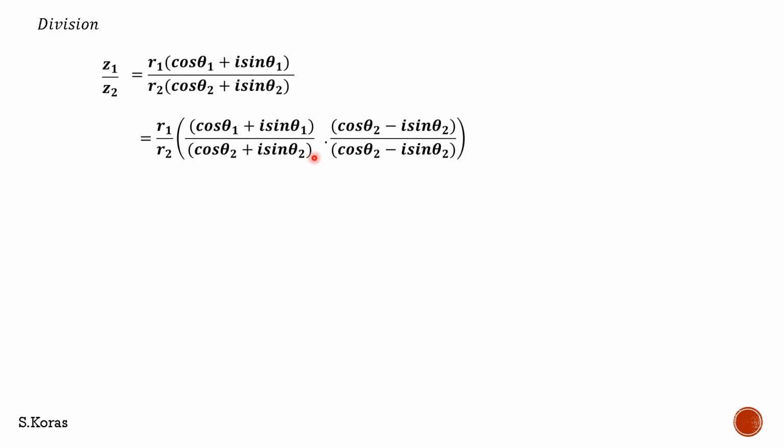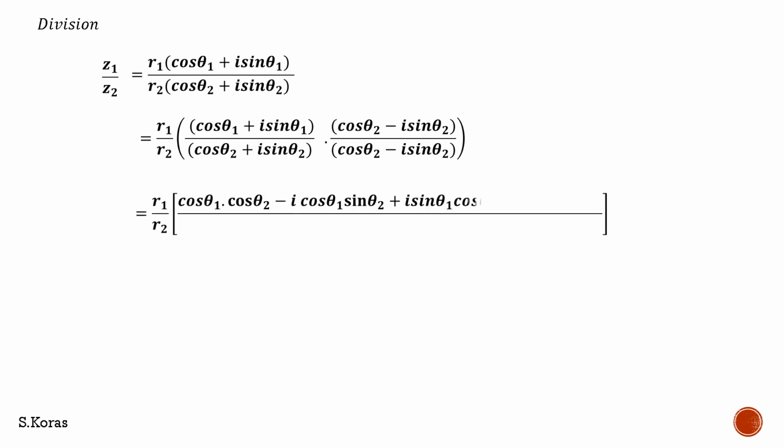So the numerator and the denominator are multiplied by this conjugate. The conjugate of the denominator is taken and multiplied with the numerator and denominator. Hence, we'll get the same answer again. There is no change in the equation. Right. Now, let us multiply in the same way. If we multiply these two complex numbers, it will be like this: cos theta 1 into cos theta 2, plus cos theta 1 into minus I sin theta 2, that is minus I cos theta 1 sin theta 2.